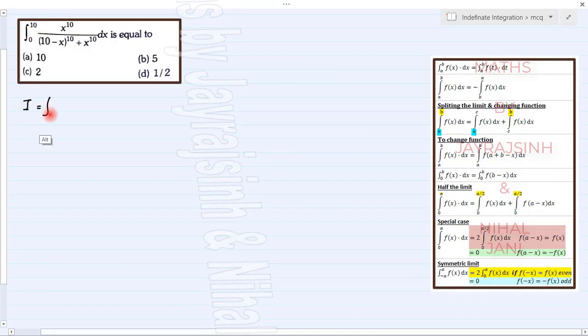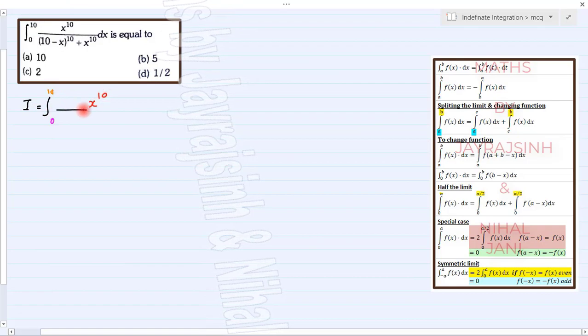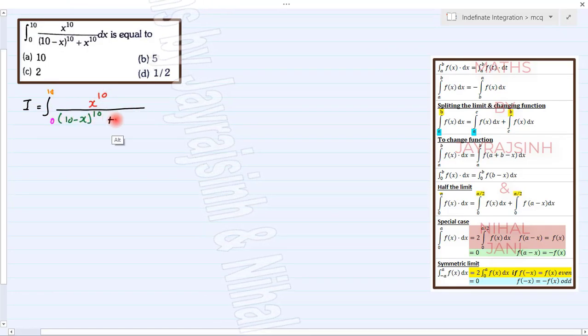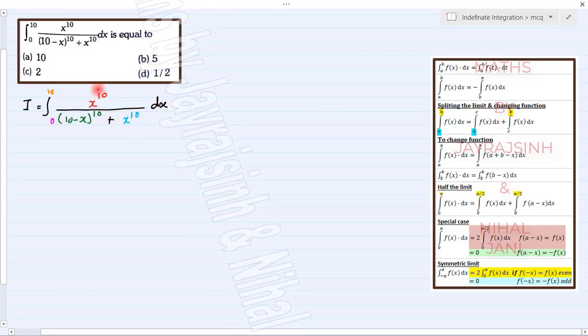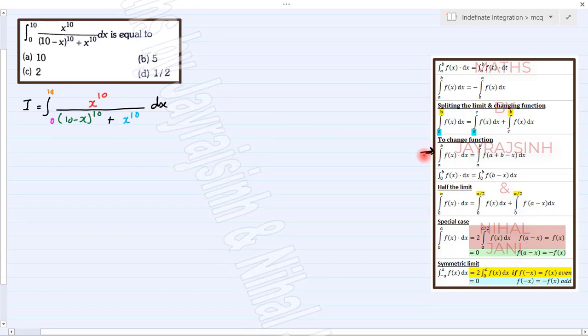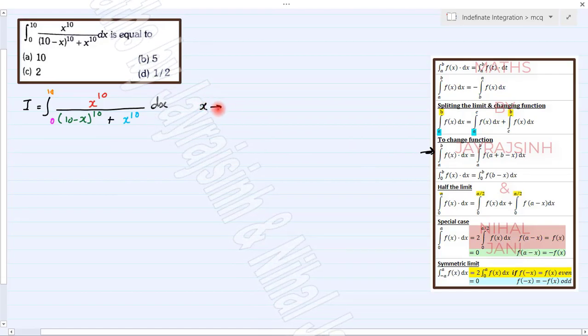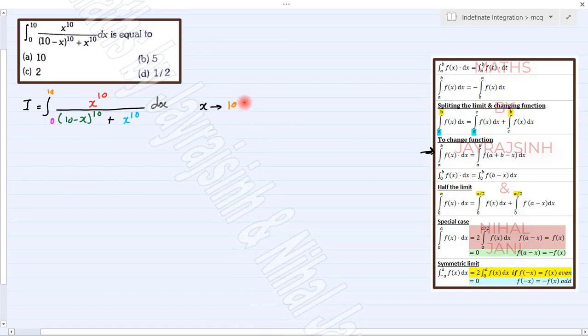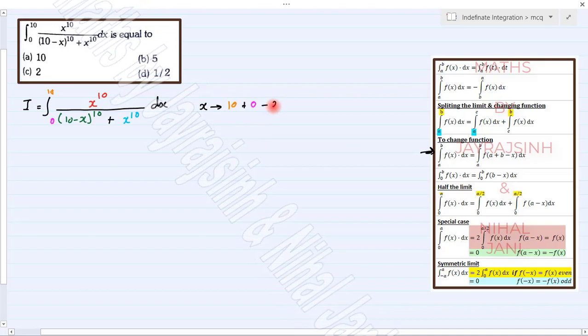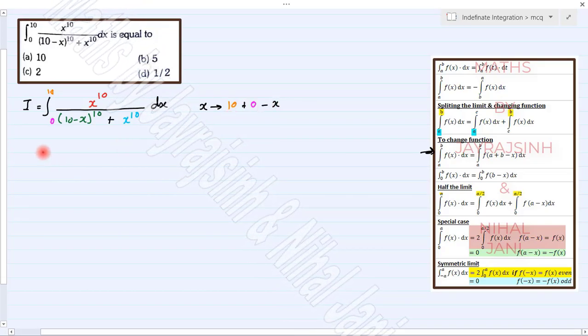Here we have to integrate x raised to 10 upon 10 minus x raised to 10 plus x raised to 10 from 0 to 10. Now to solve this, let's use our fourth property where we can replace our x by summation of the limit minus x, or we can say 10 minus x.